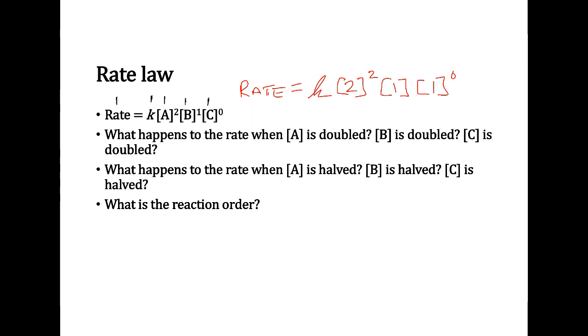So the effect of doubling A would end up making this rate 4 times as much. So the rate would increase by a factor of 4. Okay, well, what happens whenever we double the concentration of B? Well, here we plug back in and we see that the overall rate is doubled.